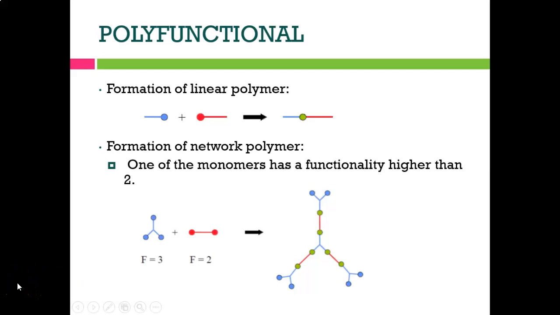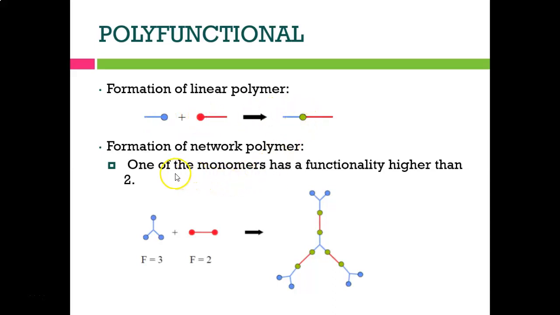Now we proceed to the next section, which is polyfunctional. Polyfunctional means that it contains a functionality of more than 2. For formation of a linear polymer, a linear monomer reacts with a second monomer to produce a linear polymer.